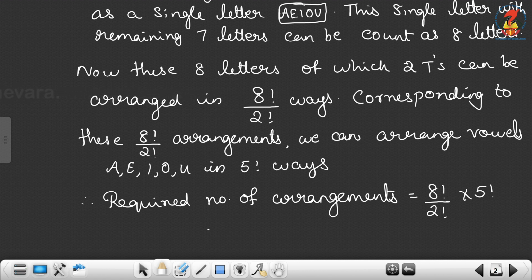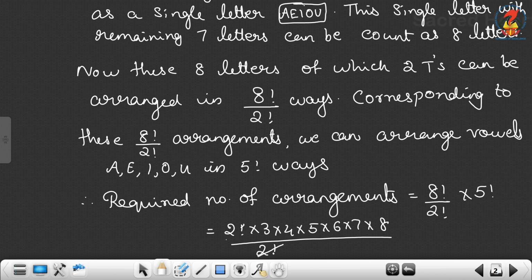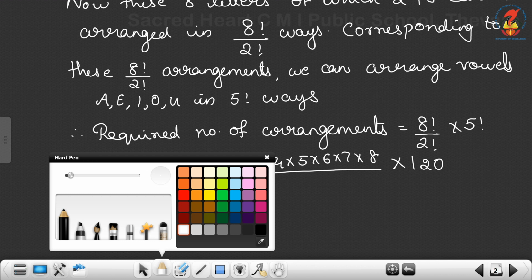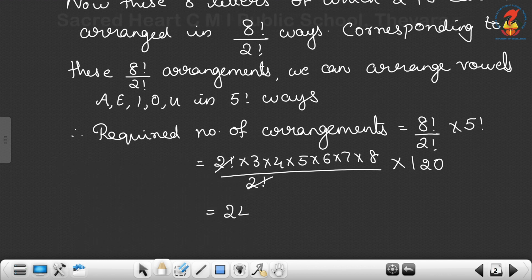Now we have to calculate this. 8 factorial by 2 factorial is 2 factorial into 3 into 4 into 5 into 6 into 7 into 8, by 2 factorial, into 5 factorial, which is 120. Now we can multiply. So this is equal to 2419,266.